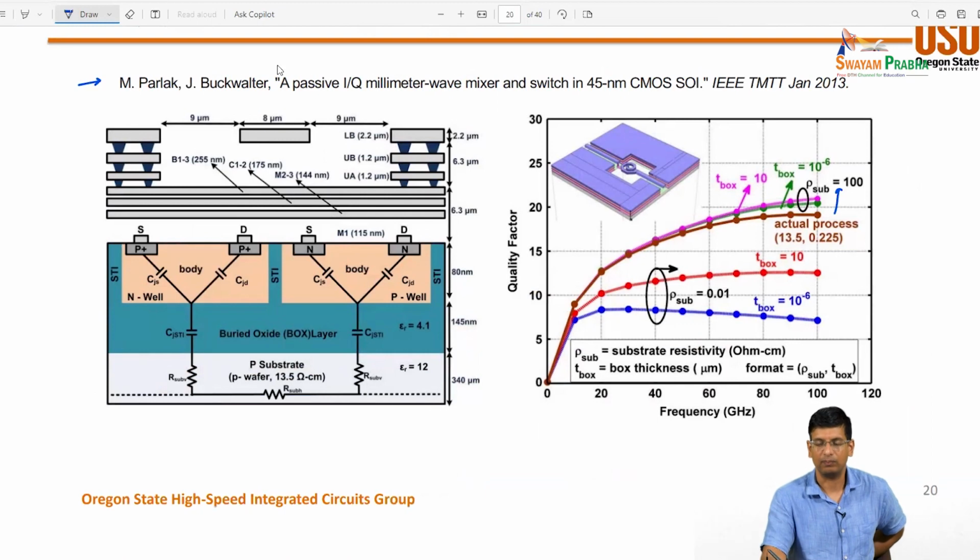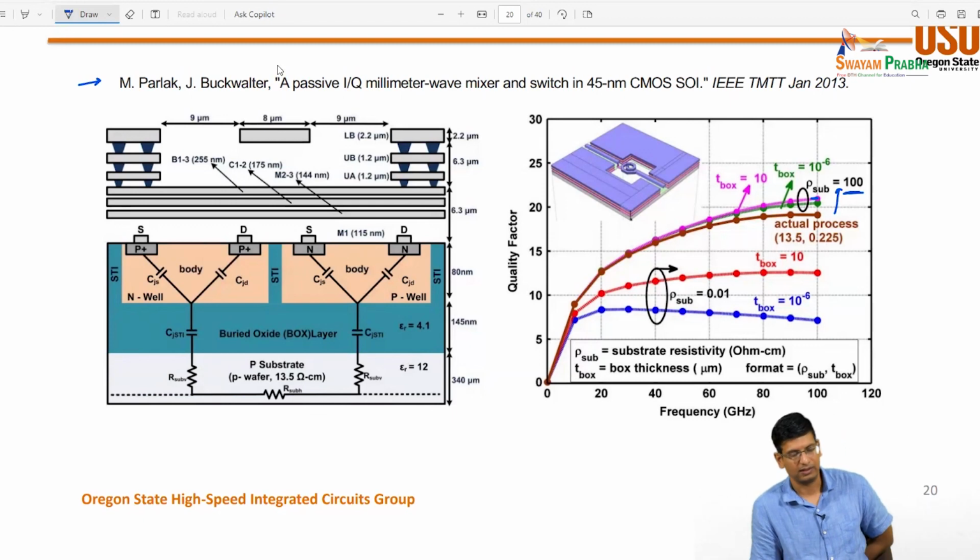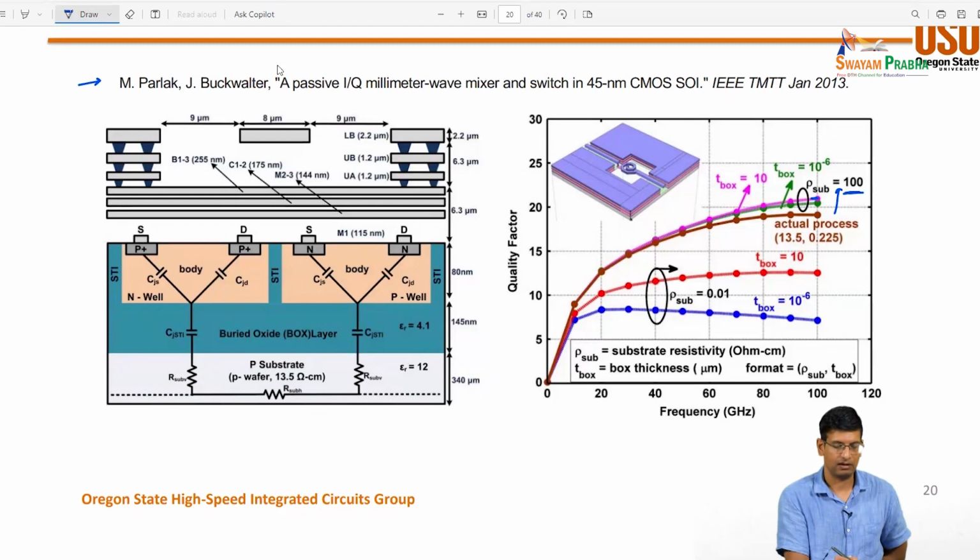You don't have to go up a whole lot, but if you even go up to 100, right, from the 10 ohm centimeter substrates, you go to 100 ohm centimeter substrates, you can basically get high Qs, but beyond that it starts saturating out, right?